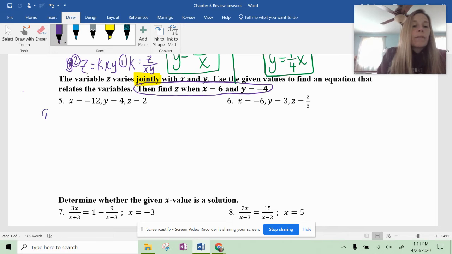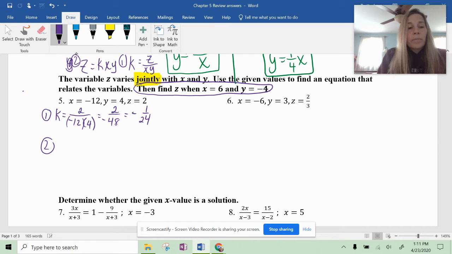So for number 5, the first thing we're going to do is find the k by taking the z value and dividing it by the product we get from x times y. So 2 over negative 48, which simplifies to negative 1 over 24. Then we write our equation. So z equals, we substitute in the k we just got, and then just multiply it to an x and a y.